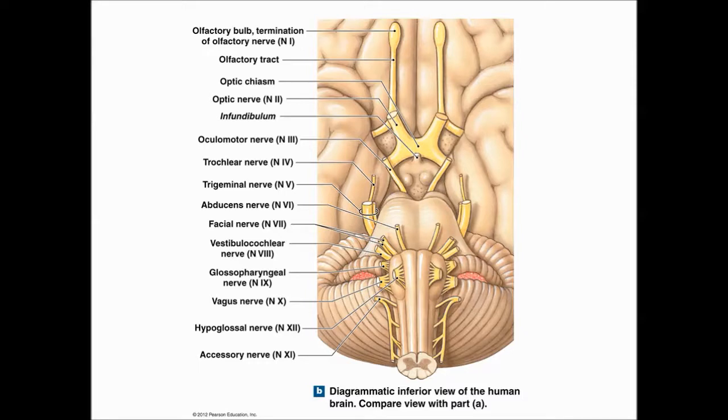Then abducens, cranial nerve number 6, facial 7, vestibulocochlear, the one we used to call the acoustic, number 8, and then 9 is glossopharyngeal, 10 is vagus, a large nerve on the side of the medulla, 11 is the accessory, which we called spinal accessory and all kinds of other names, and finally 12 is the hypoglossal up here on the more superficial medulla.